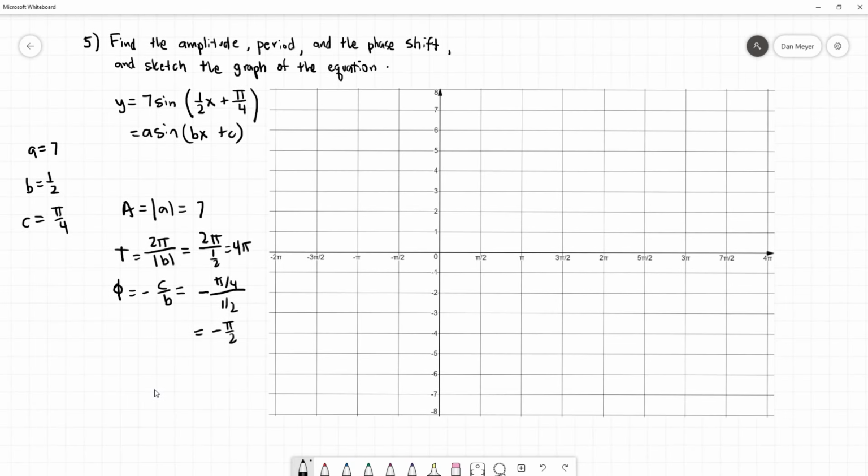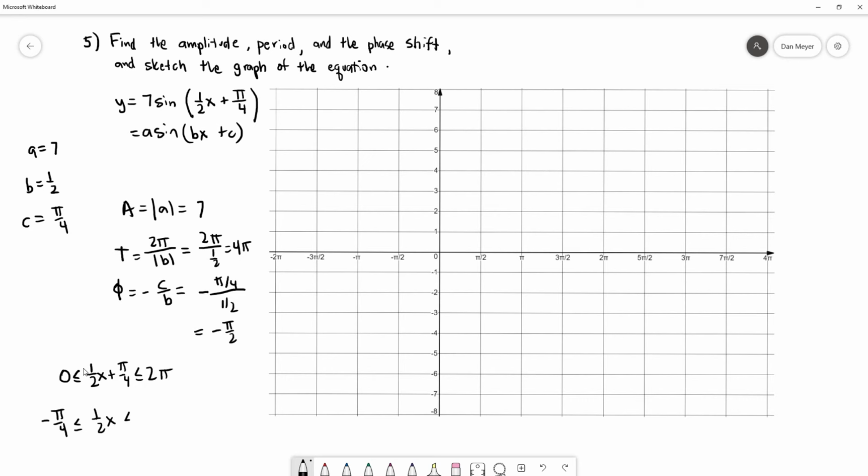And then we'll go ahead and use the book strategy of solving the inequality. 0 is less than or equal to 1/2 x plus pi over 4 is less than 2 pi. If I subtract pi over 4 from all sides, you get negative pi over 4 is less than 1/2 x is less than 7 pi over 4, when I subtract pi over 4 from 8 pi over 4.